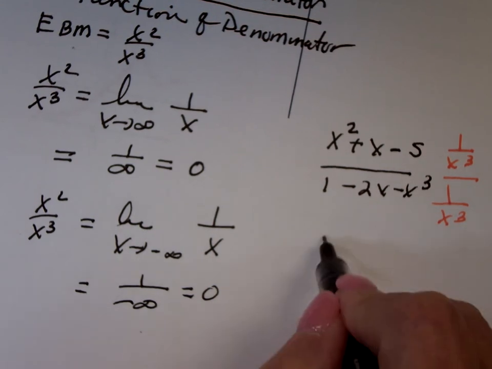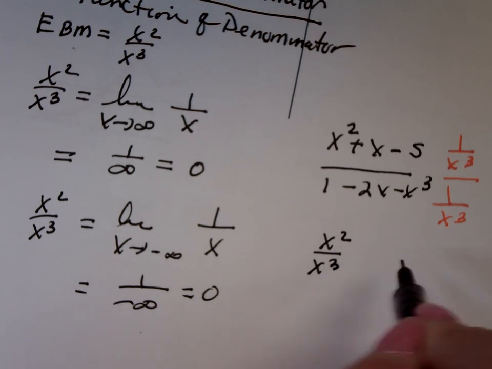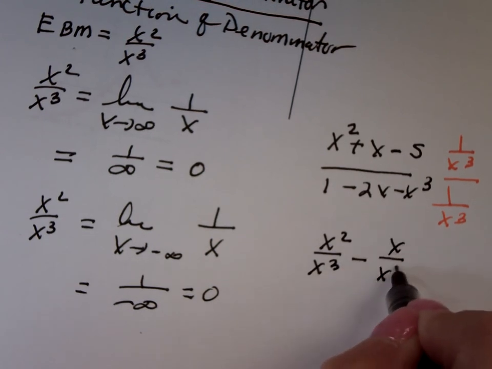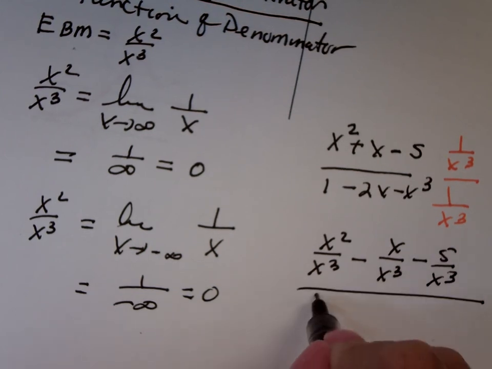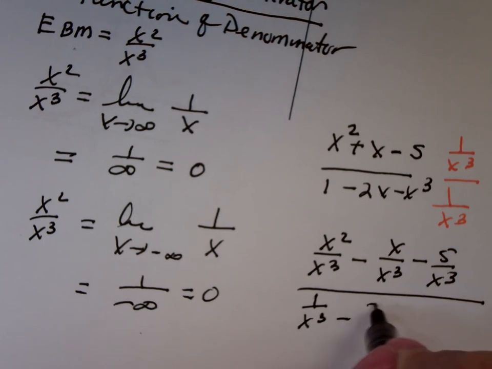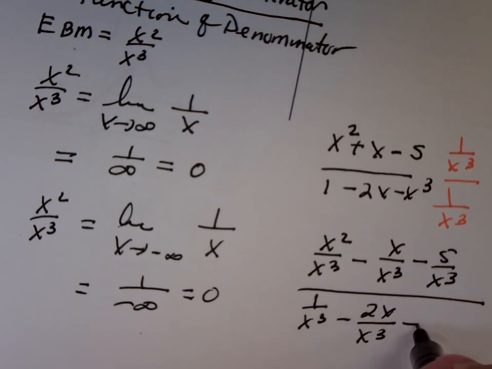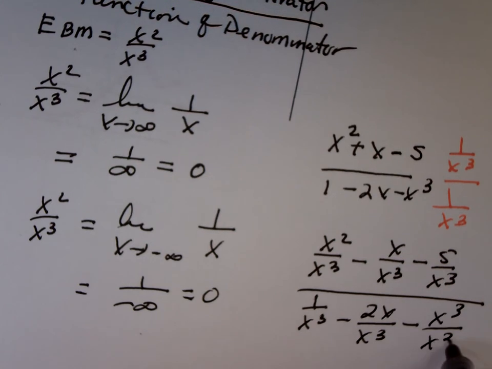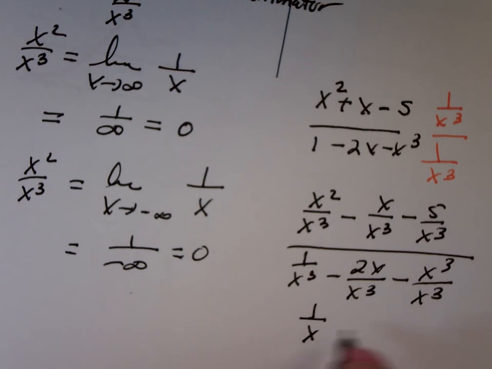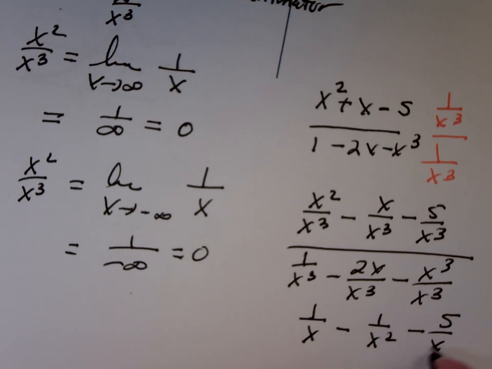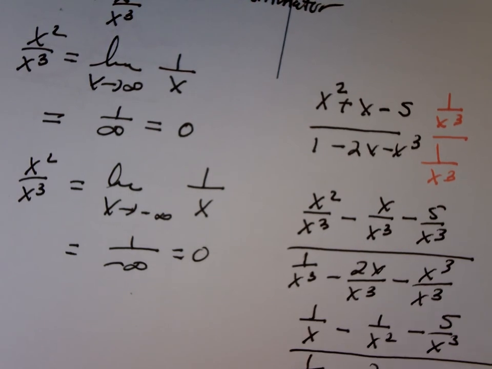So that becomes x squared over x cubed minus x over x cubed minus 5 over x cubed, over 1 over x cubed minus 2x over x cubed minus x cubed over x cubed. This is 1 over x minus 1 over x squared minus 5 over x cubed divided by 1 over x cubed minus 2 over x squared minus 1.